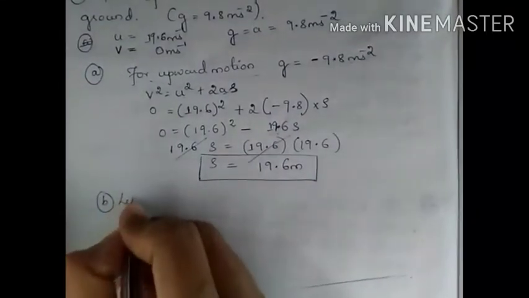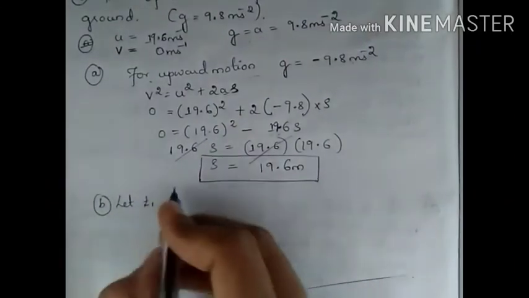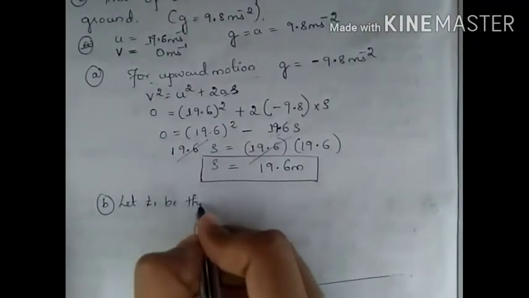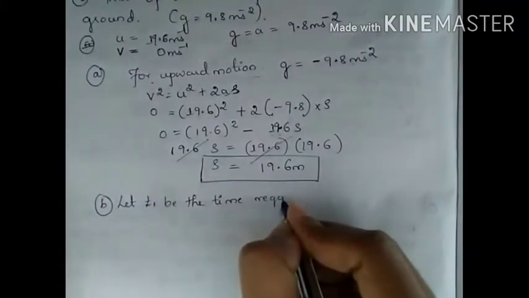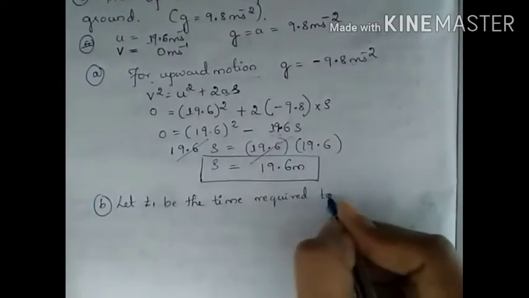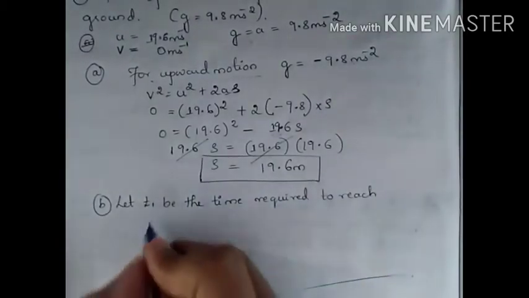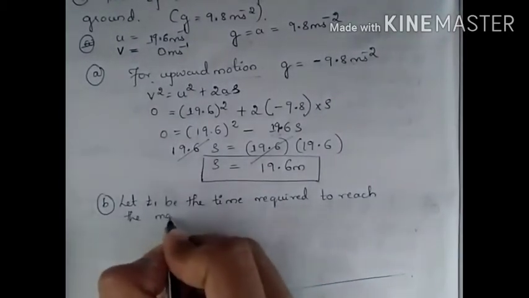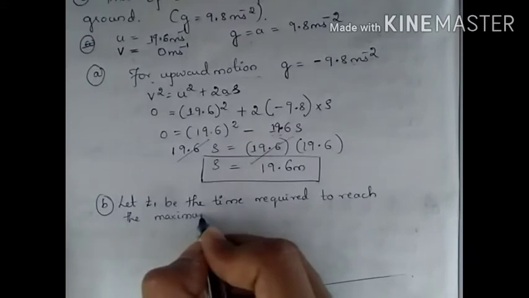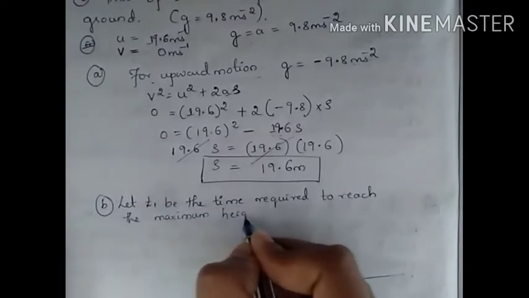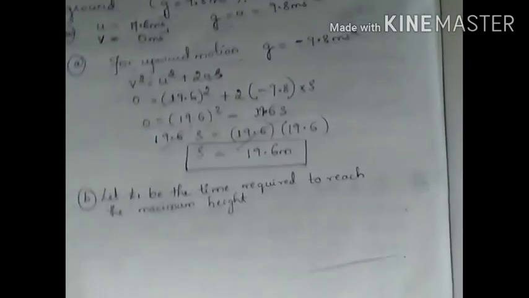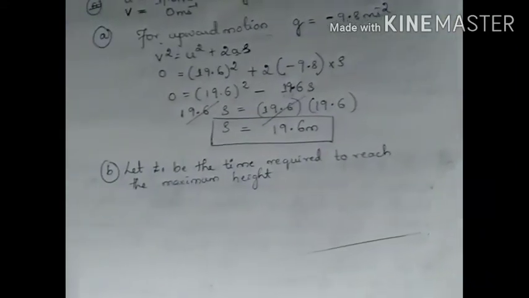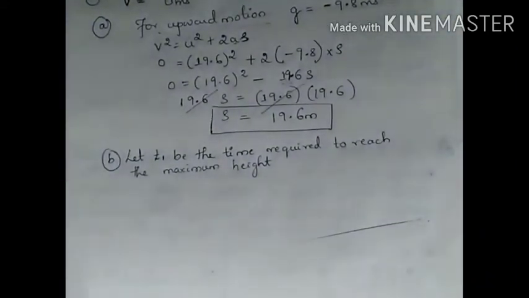Let T1 be the time required to reach the maximum height, which is known as the time of ascent. So here we have to find the time T1.